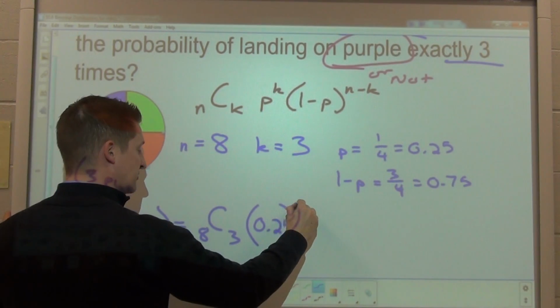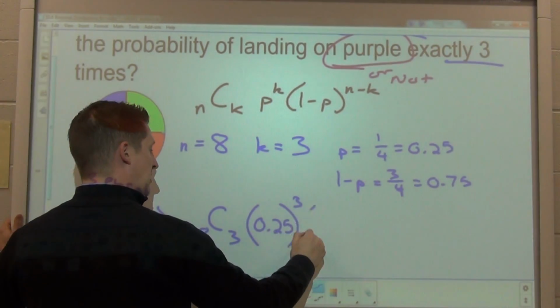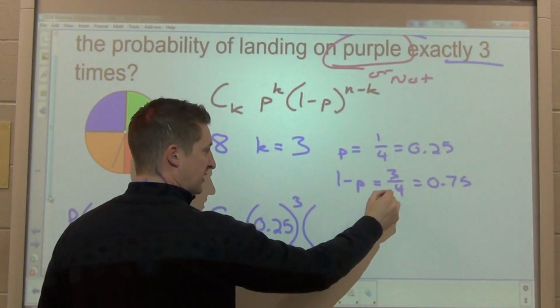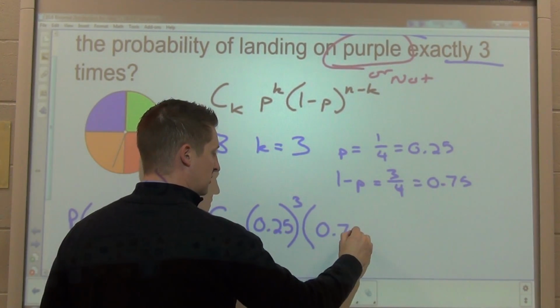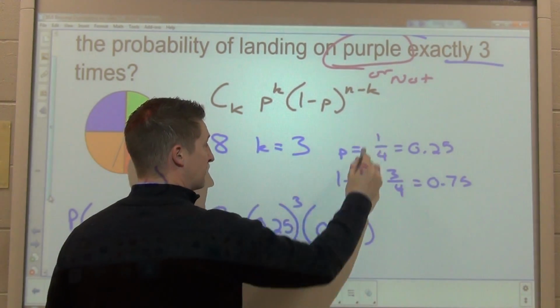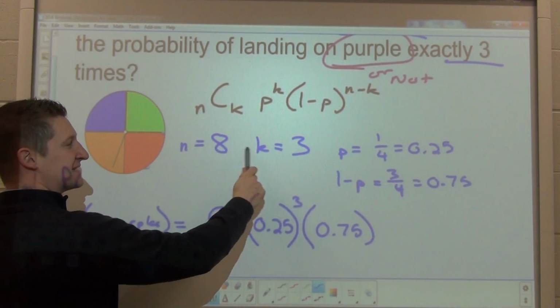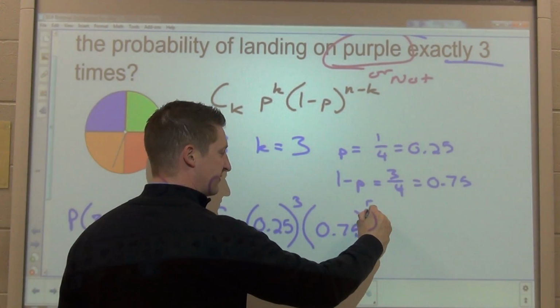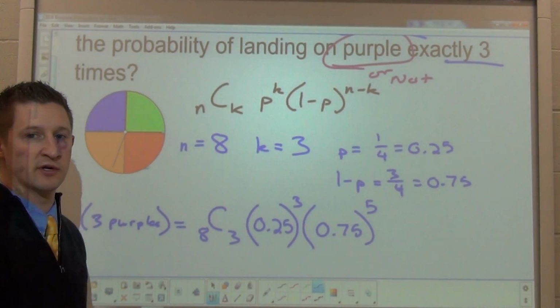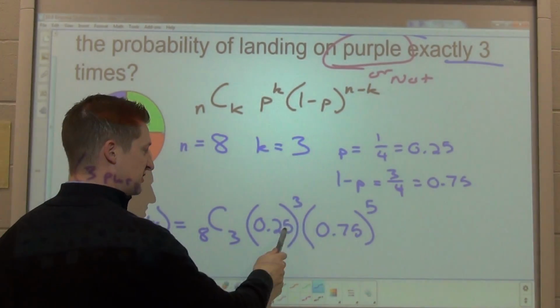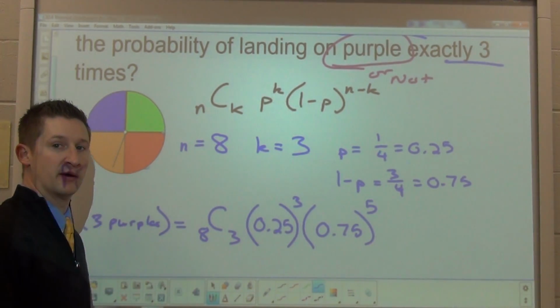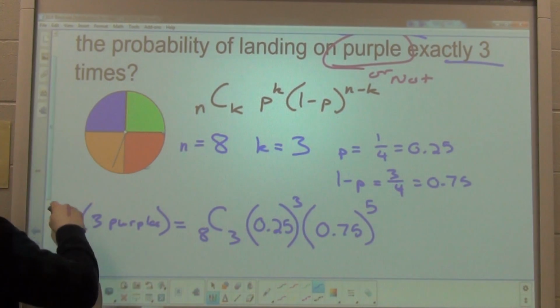Well, k is 3 again, so cube that, times the probability of failure, which is 1 minus p, or 0.75. Raise that to the n minus k. Well, n minus k, that's 8 minus 3, so I'm going to go ahead and put that as 5, rather than writing 8 minus 3. So I have 3 successes, 5 failures, is kind of the way to think about that, times the number of ways that that could happen.